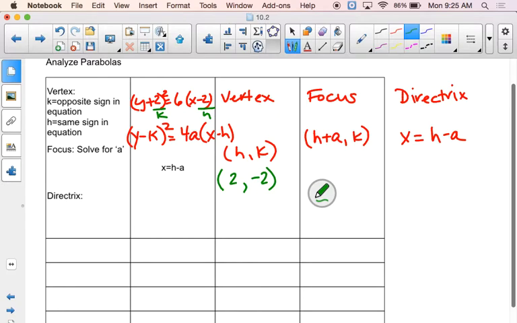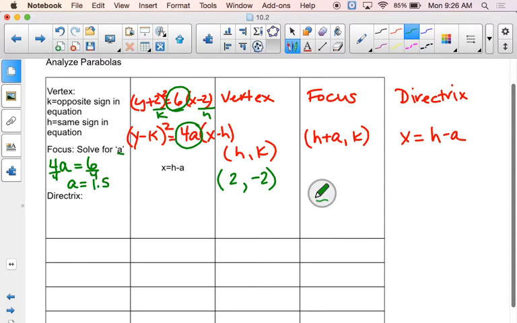Okay, then my focus, to find a, what am I going to do? Well, I'm going to look at the fact that this is 6, and so I say, hey, that's 4a, so 4a is equal to 6. When I divide by 4, a is equal to 1.5.